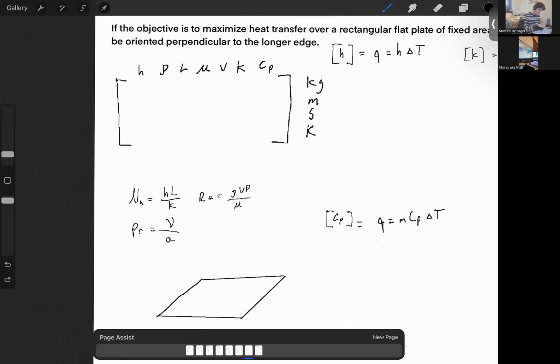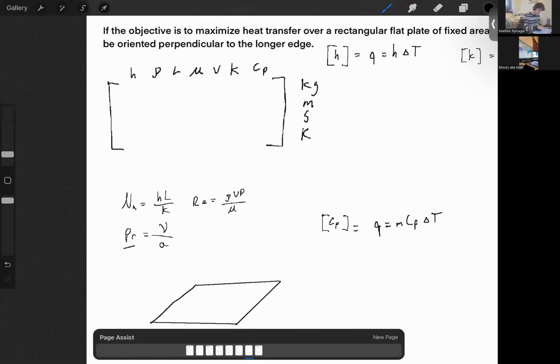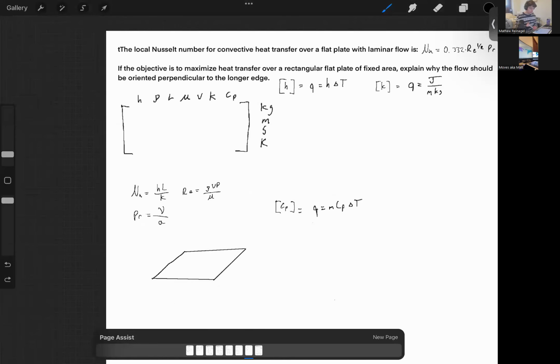So we have the Nusselt number, the Prandtl number, and the Reynolds number. I wanted to do this part to prove that these are dimensionless and how we would acquire the units for this so that you can then do a dimensional matrix to obtain these values.